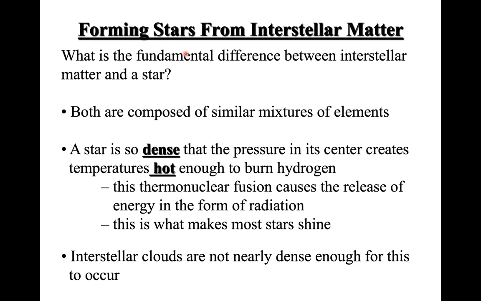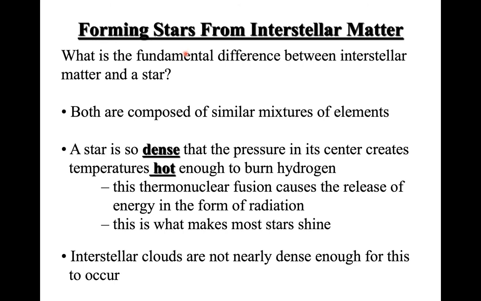What we know now is that both are composed of a similar mixture of elements, but also we know that the star is so dense that the pressure in its center creates temperatures hot enough to burn hydrogen. These are the things where we will start. That is the difference between interstellar matter and a star.